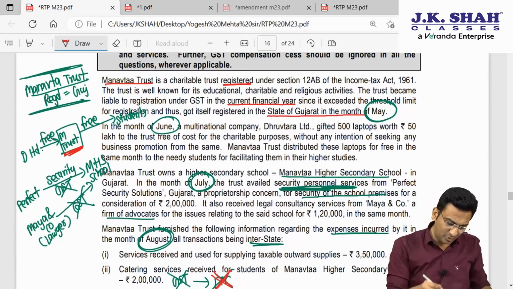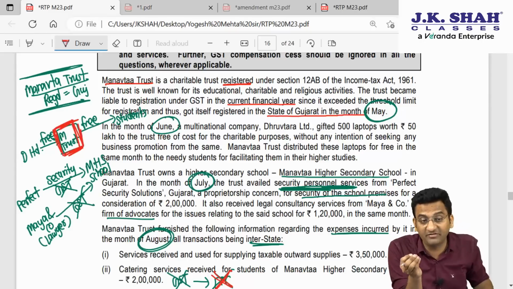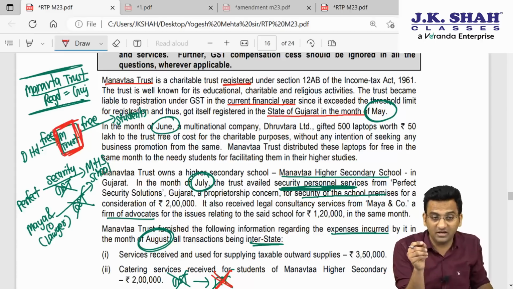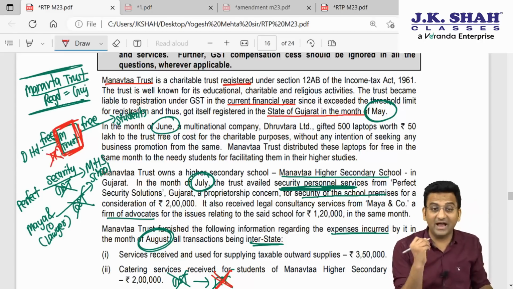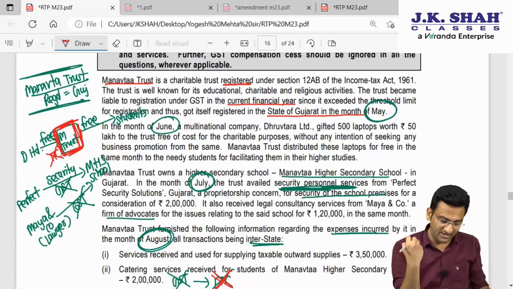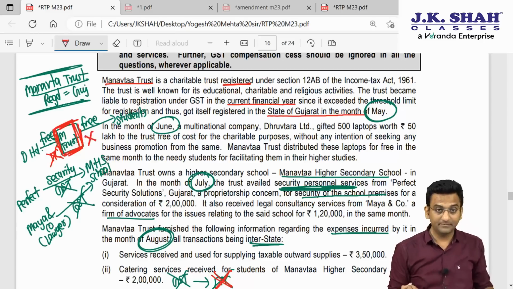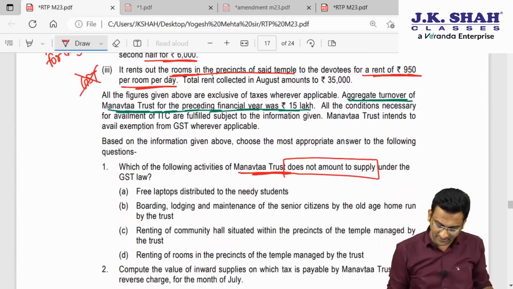Manavta Trust themselves have received it free of cost. So they have not given a single rupee. They have received it free of cost, so they surely have not availed the ITC on it. And if ITC is not availed, then the activity is not a supply. Correct? So the first activity is not a supply.